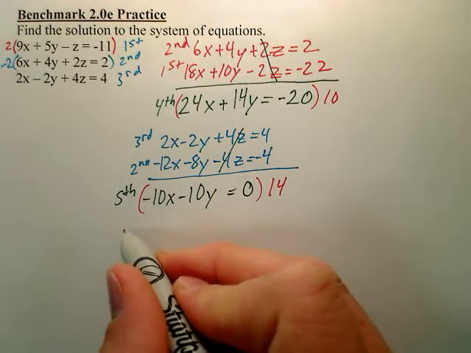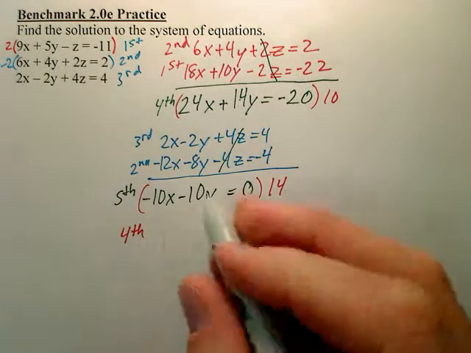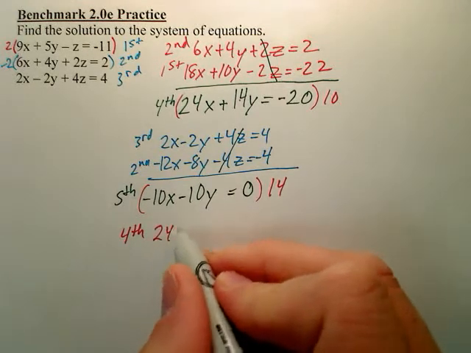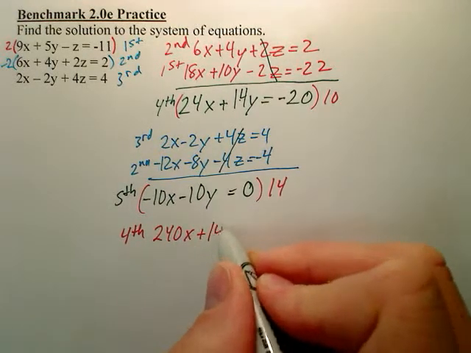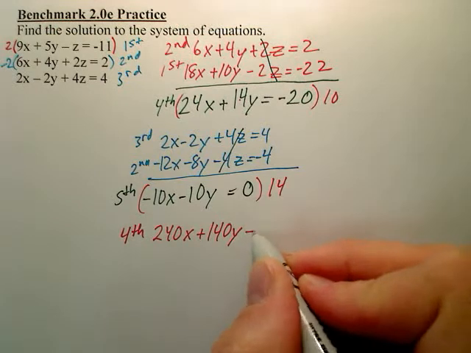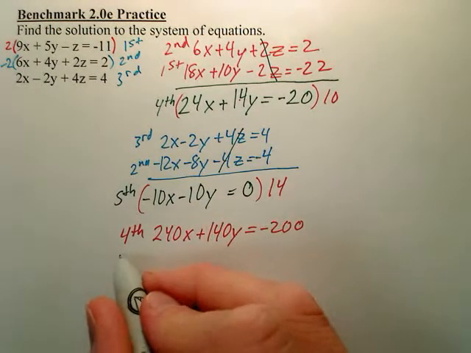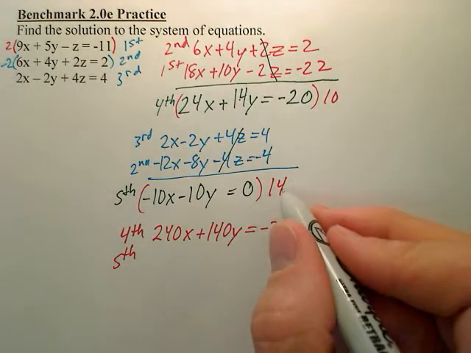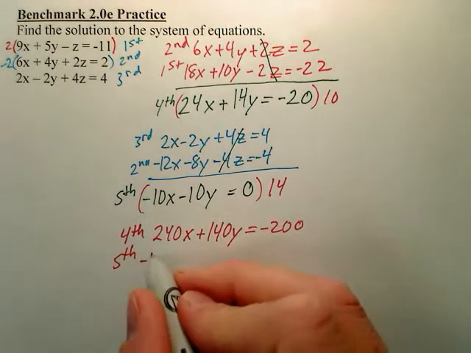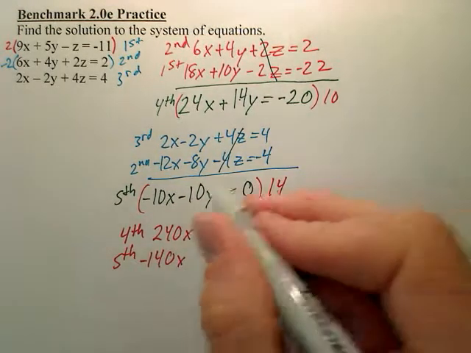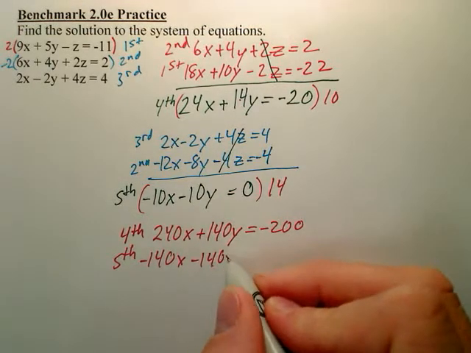So my fourth equation would now be 240x plus 140y equals negative 200. And when I multiply 14 in for my fifth equation, that'd be a negative 140x. This would be a negative 140y.